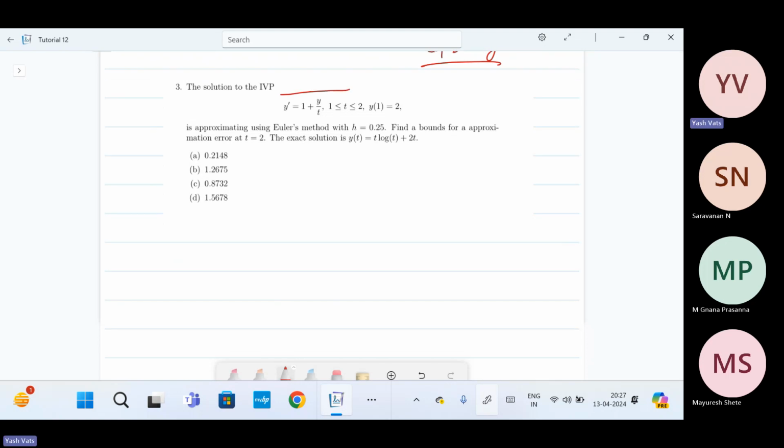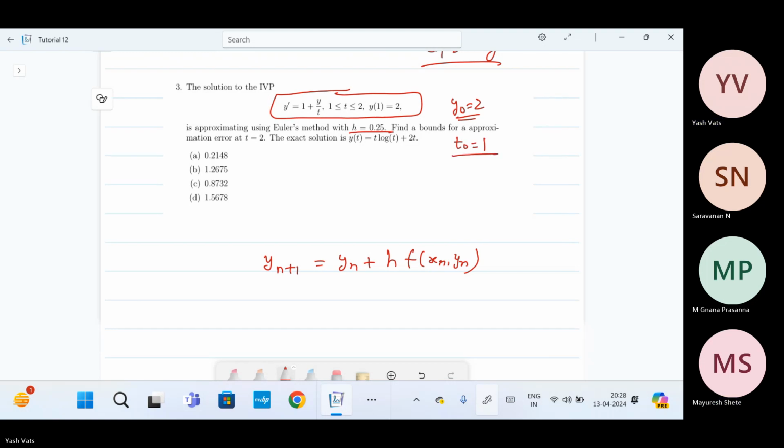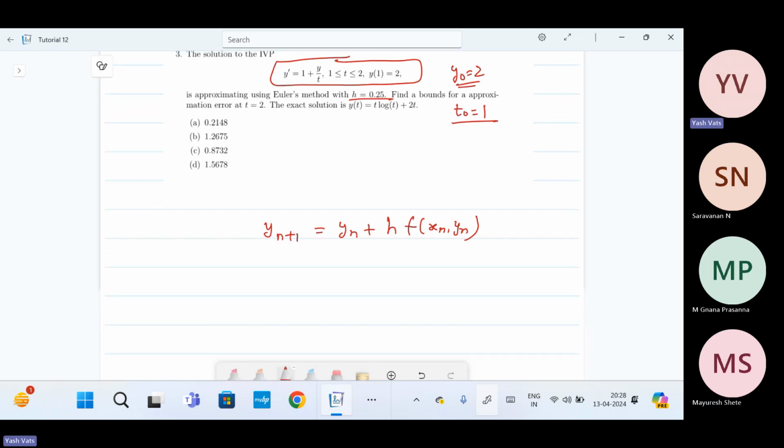You are given a differential equation, and then you can use Euler method to find the solution at the n+1 time step. Here h is 0.25 already given, y naught is 2, and t naught is 1. Then y1 is approximately y of 1.25.